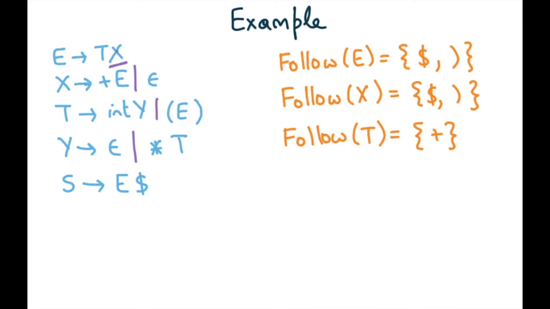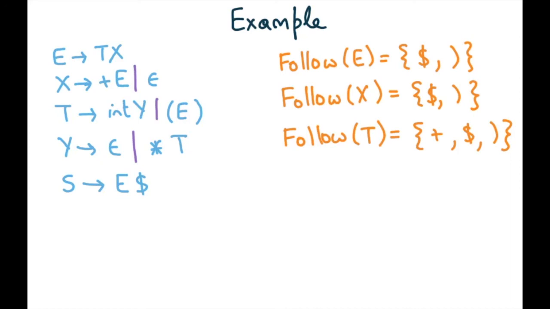And so X can derive epsilon, which means that anything that is in follow of E is also in follow of T. And what is in follow of E? Dollar and right parenthesis. And so we should add these two tokens to follow of T, and that's our next step. So we can expand follow of T to plus, dollar and right parenthesis.